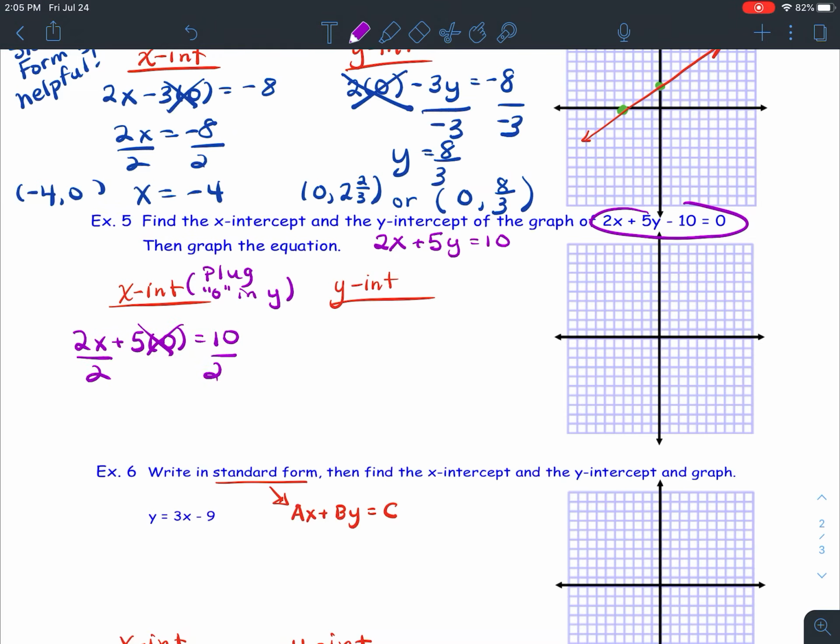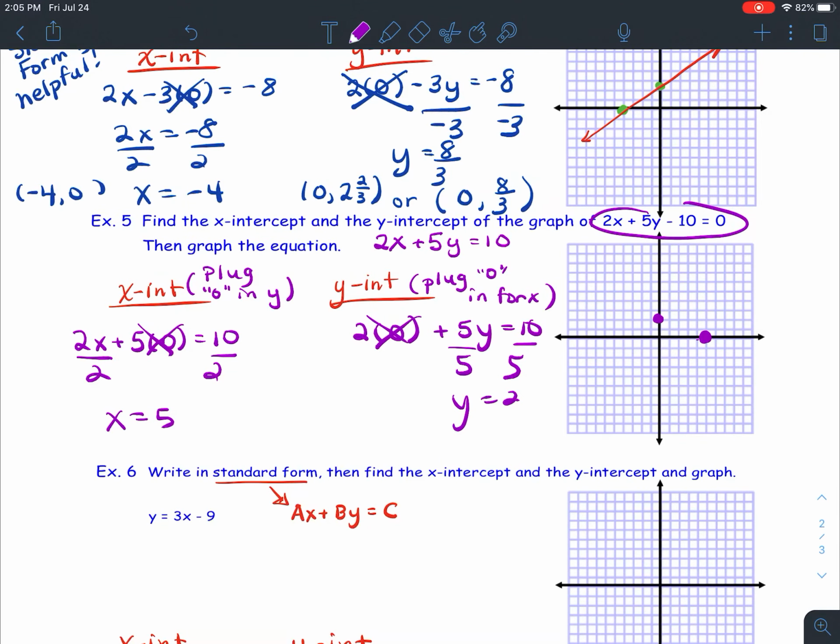I will go ahead and solve this for x, and then I'm going to come over to my graph and put a point where x is 5. When I'm finding the y-intercept, I will then plug 0 in for the x. Then I will solve what's left for y, and plot that point on the y-axis, and again, I'm going to connect those 2 points together to form the graph there.